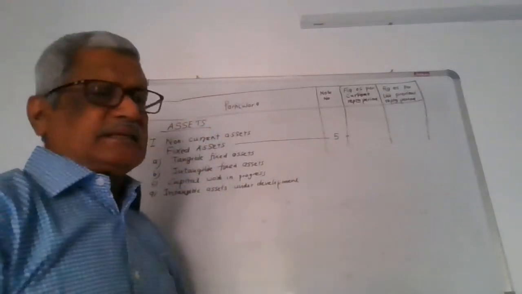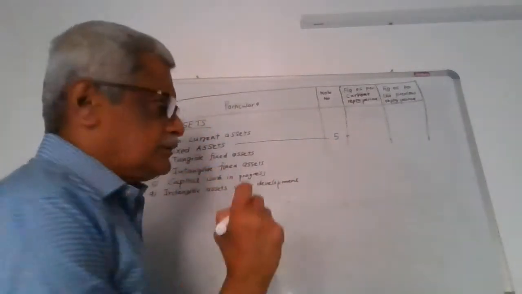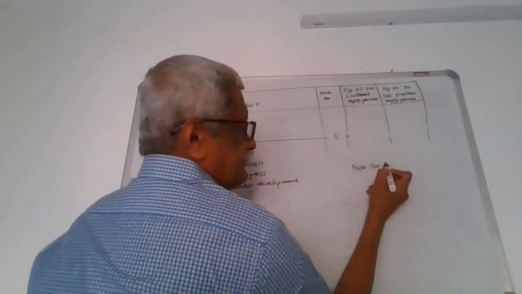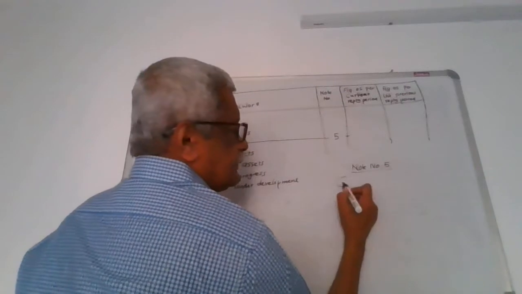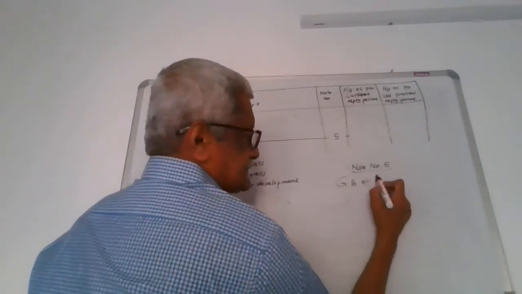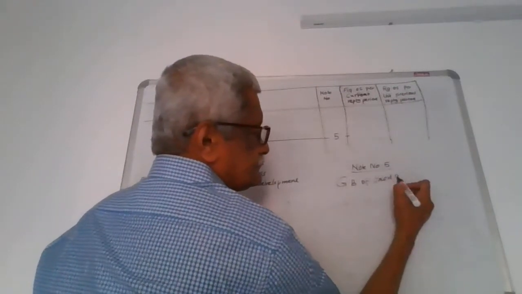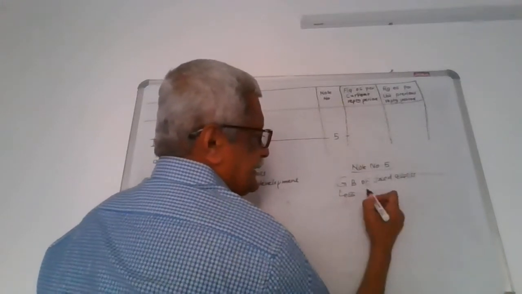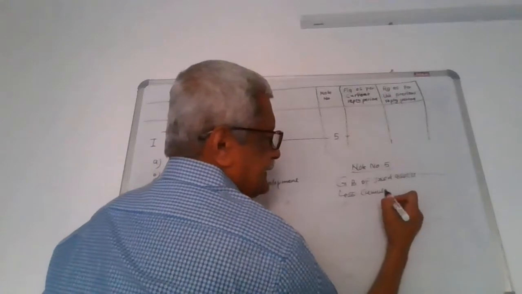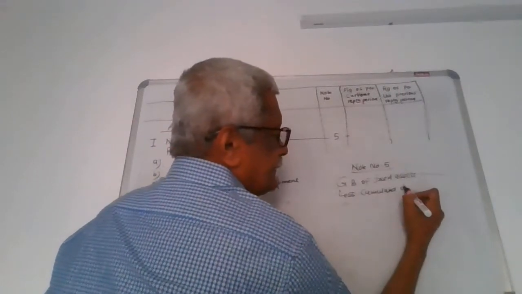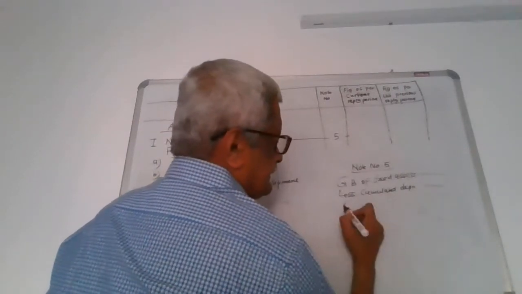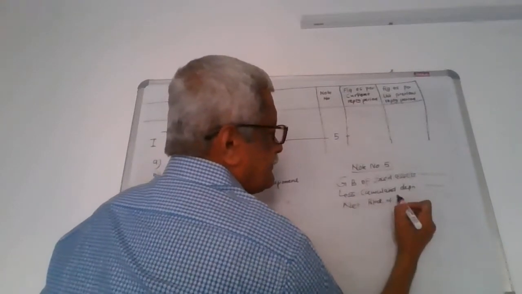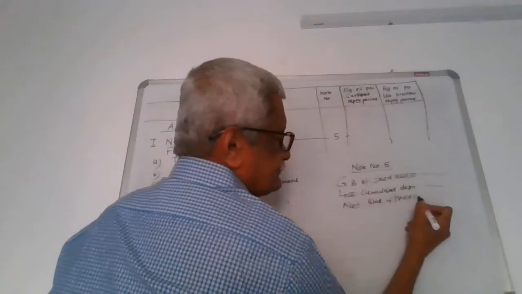Say the schedule is given as 5. When you go to Schedule 5 or the note number 5, you will see the gross block of fixed assets, then less accumulated depreciation. Then what you will get is the net block of fixed assets.